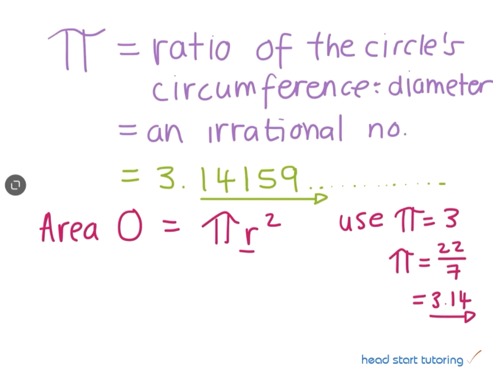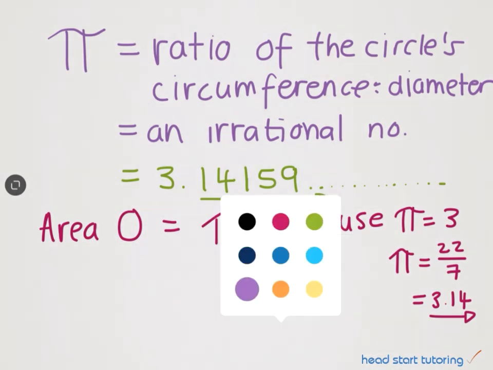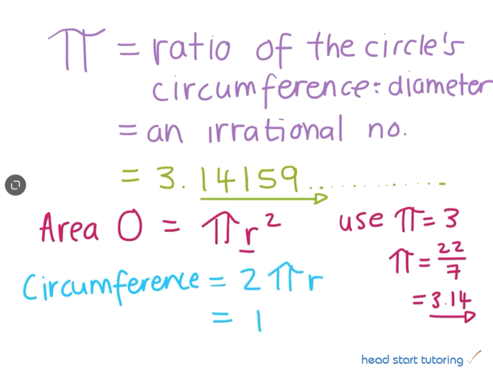So those are your different options for using pi when we are working out the area and circumference of your circles. So the area of a circle is equal to pi r squared, and the circumference of your circle is equal to 2 pi r, or pi times your diameter.